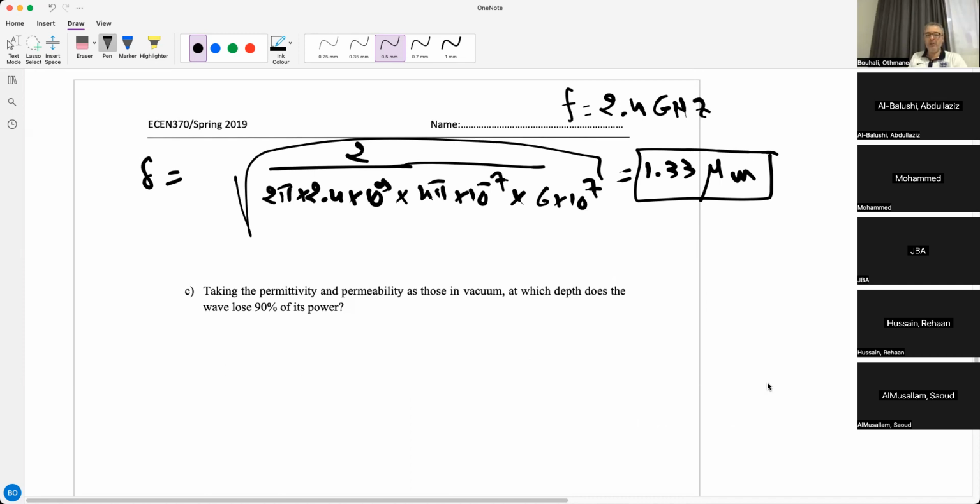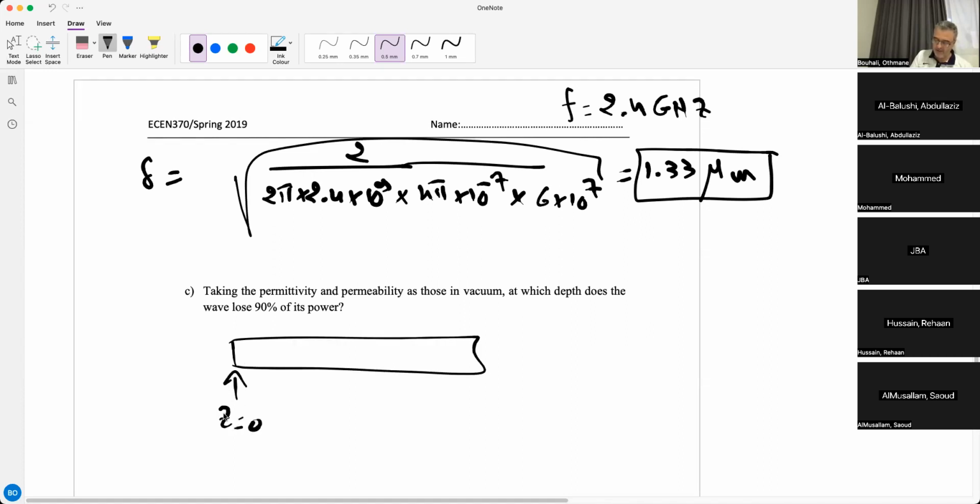Now, taking the permittivity and permeability as those of vacuum, at which depth does the wave lose 90% of its power? Now, we know that, let's say, this is z equals 0 or x equals 0, and this is x at which I have 90% of the loss.